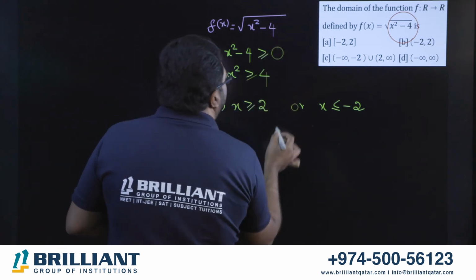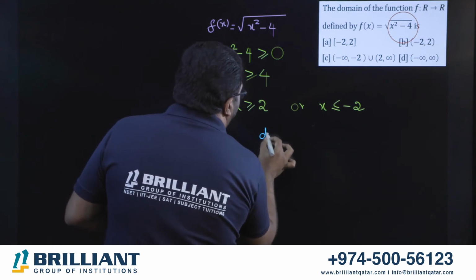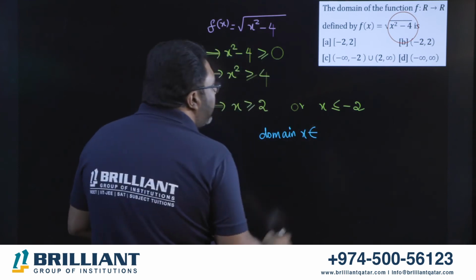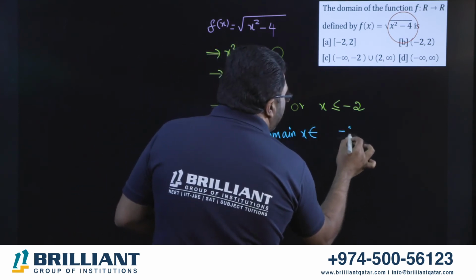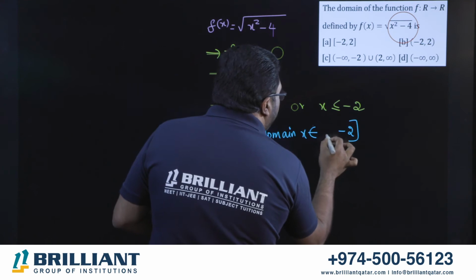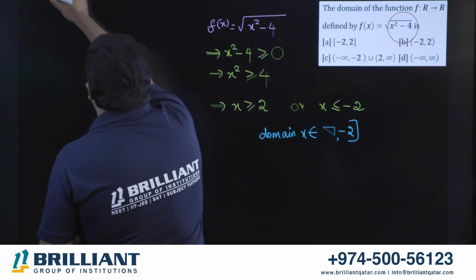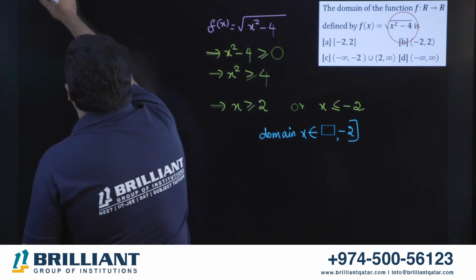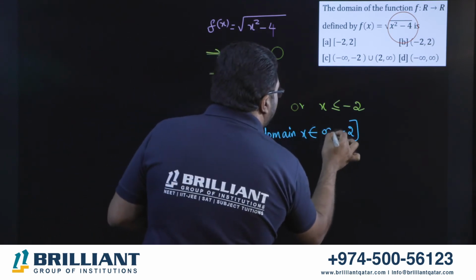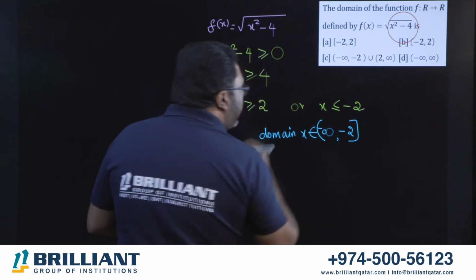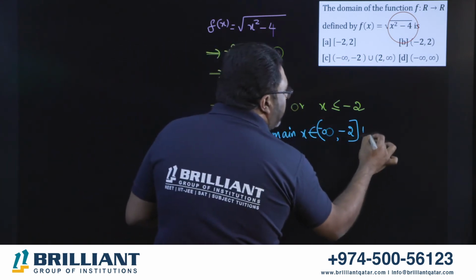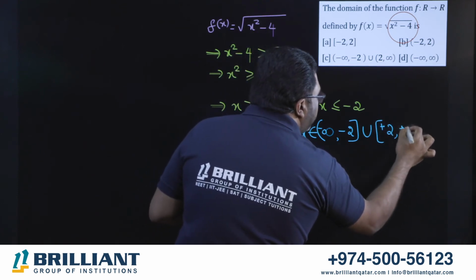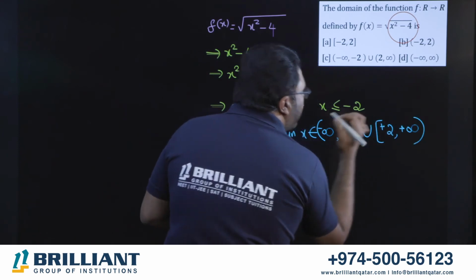So what is my domain? Therefore, x is any real number from minus infinity up to minus 2, union positive 2 to positive infinity.